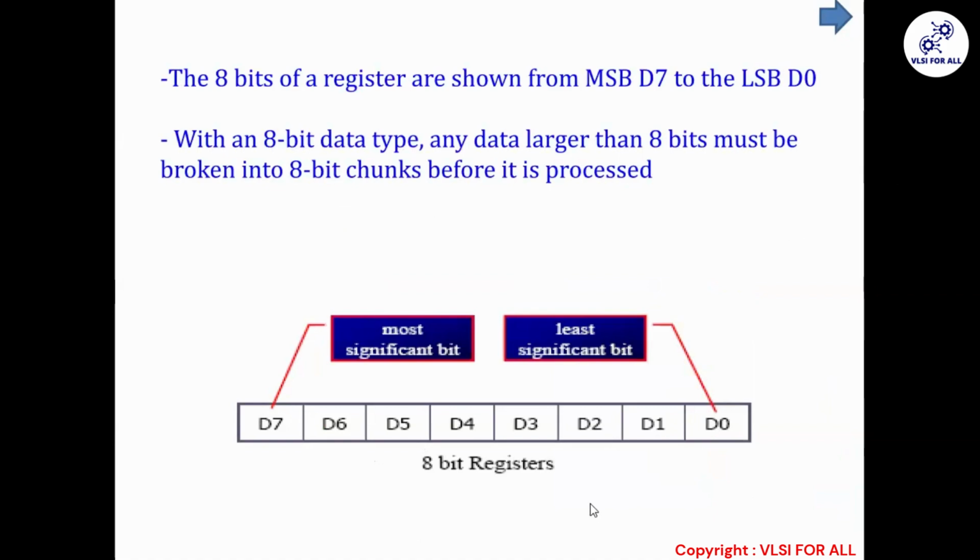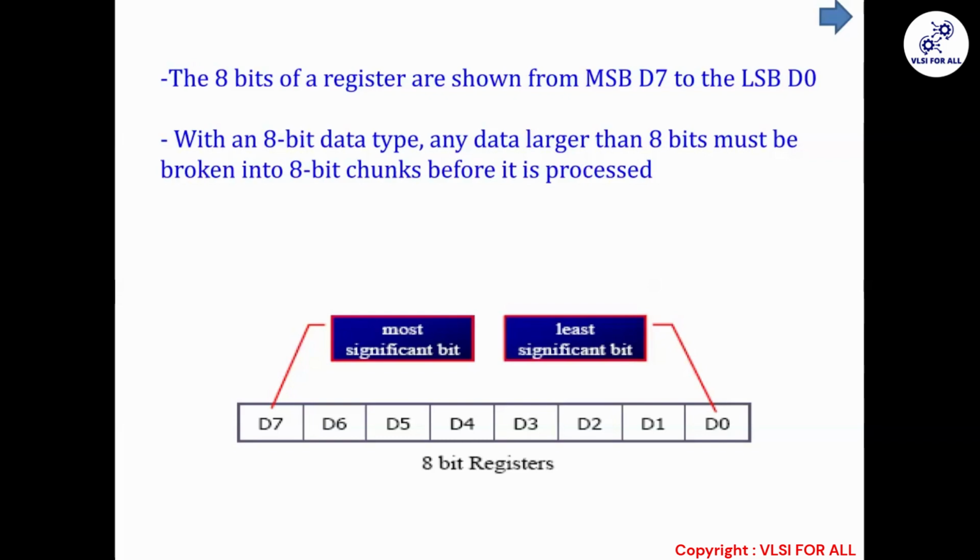As we say, 8051 is an 8-bit microcontroller. It is dealing with how many bits? 8-bit. Its data memory as well as its program memory has a width of how much? 8-bit. Here we are talking about data memory.